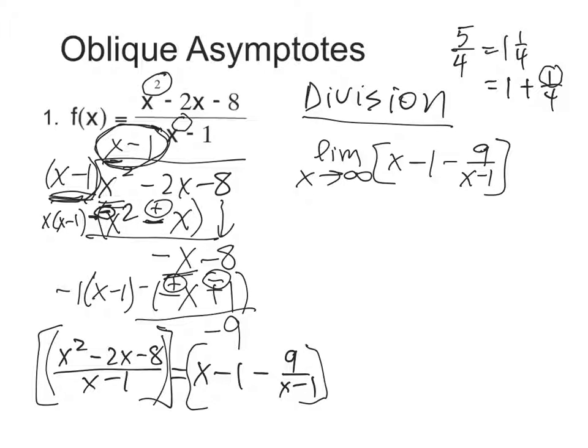As x approaches infinity, the fraction term goes to what? 0. And, well, technically, as x approaches infinity, x minus 1 will go to infinity. So our limit would be infinity.